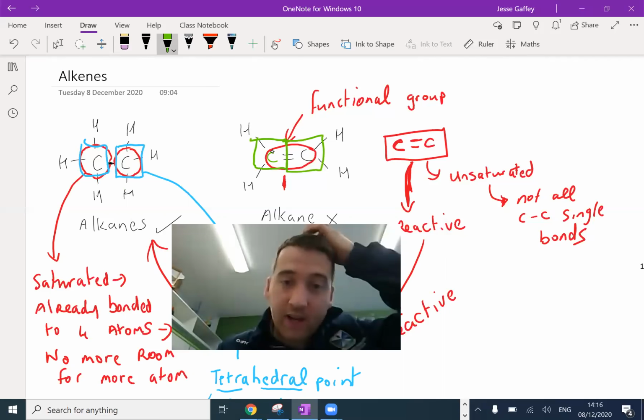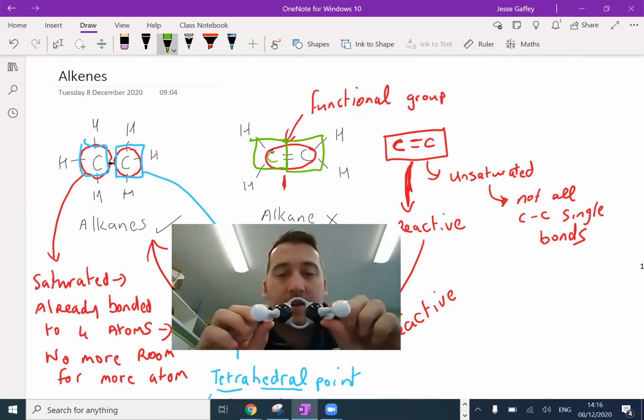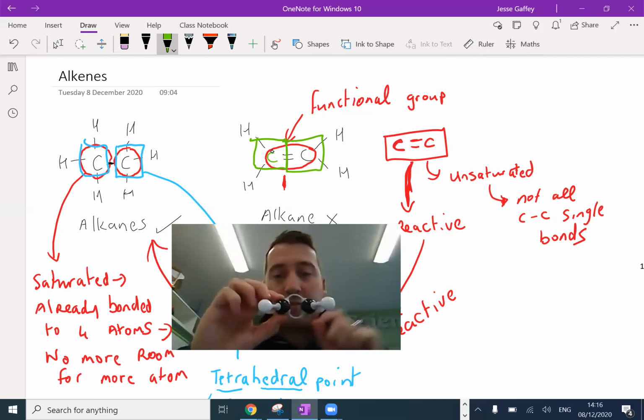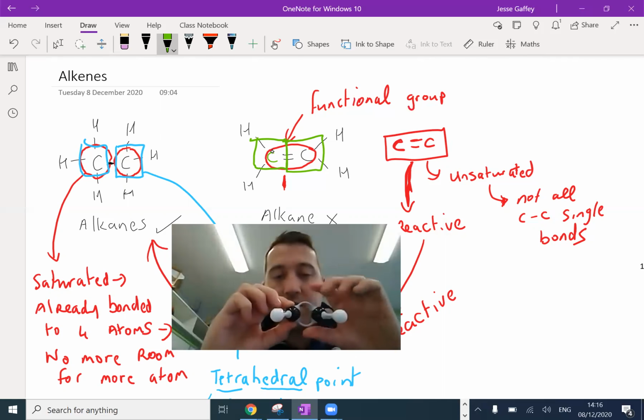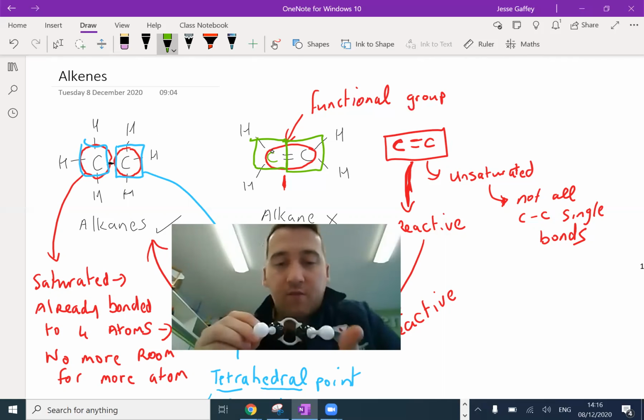They're only attached to 3. They've got a double bond between them. This is what this molecule looks like. If we just look at this carbon for a second, this carbon is bonded to this carbon atom by a double bond, shown by the 2 bonds here, and it's also attached to 2 separate hydrogens. Now look at the difference.